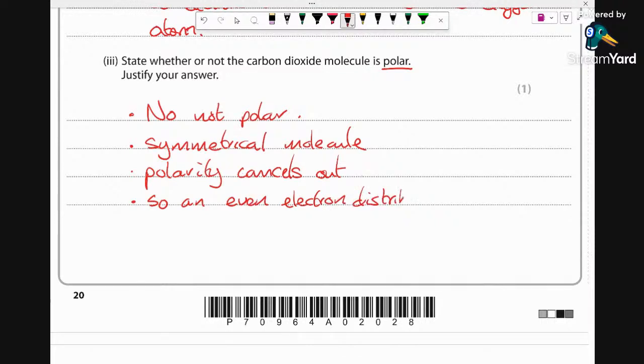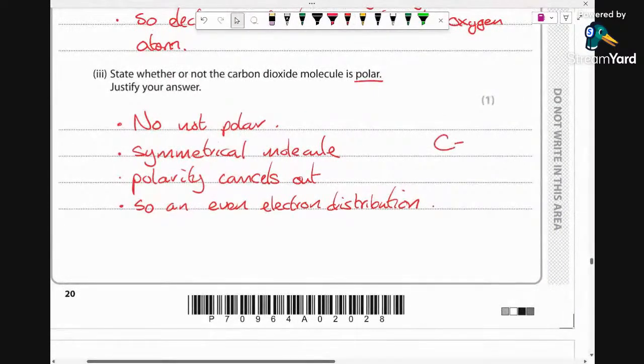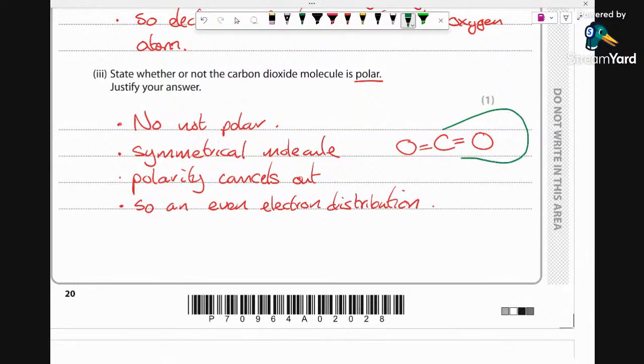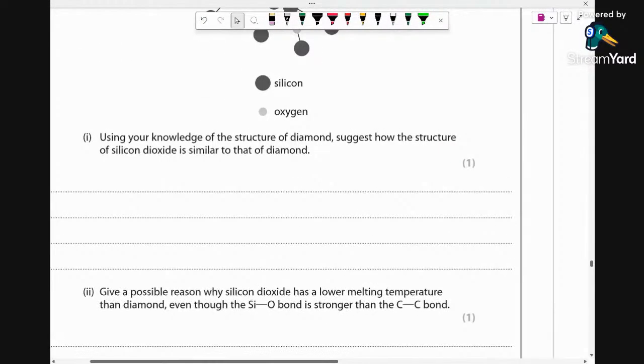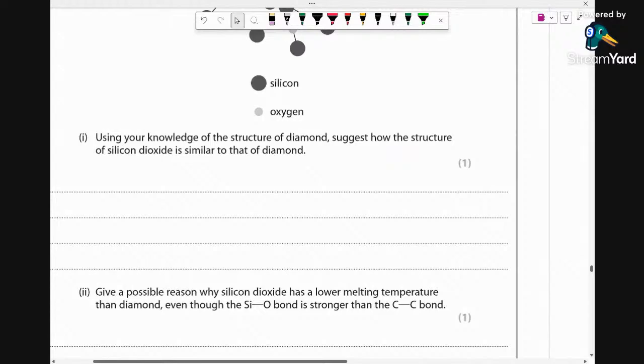I don't know why I'm singing, guys. Sorry about this. So if we look at the carbon dioxide molecule, the electron cloud cancels out. It's symmetrical. There's no end which is more positive or negative than the other, because it will cancel out. Even distribution.